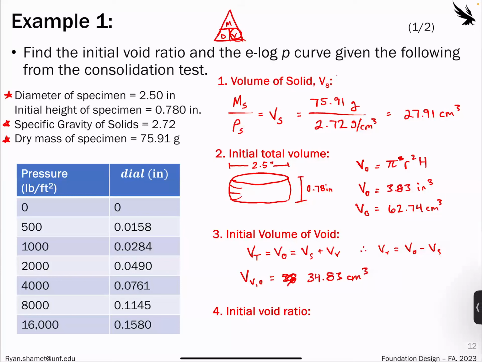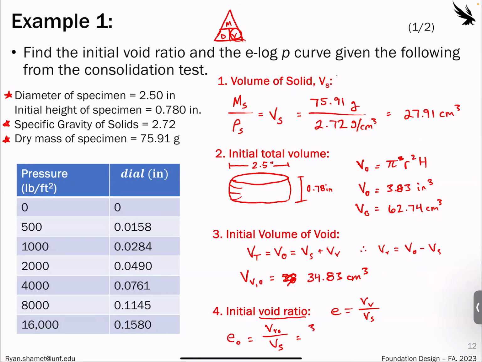All right, the next step will be finding our initial void ratio. Remember, void ratio is equal to the volume of voids divided by the volume of solids. So our initial void ratio is going to be the initial volume of voids over our volume of solid. Remember, that volume of solid is not going to change at all over this time.